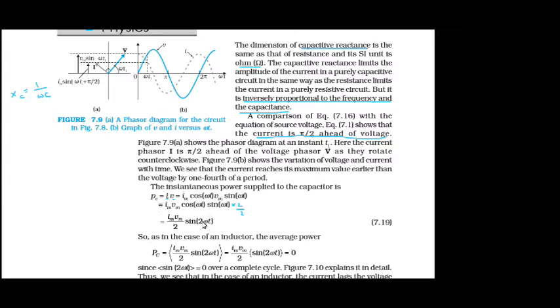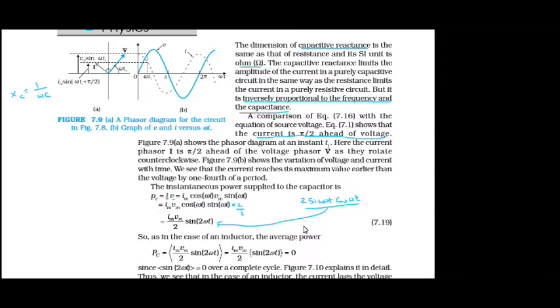We can write 2 sin omega t cos omega t as sin 2 omega t. Why?